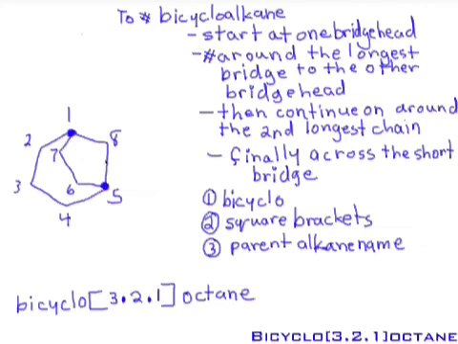Okay, let's try applying some of this nomenclature to various bicycloalkanes. And then we'll apply it to the one we made in our Diels-Alder reaction. Here is an interesting bicyclic. How would you name something like this?